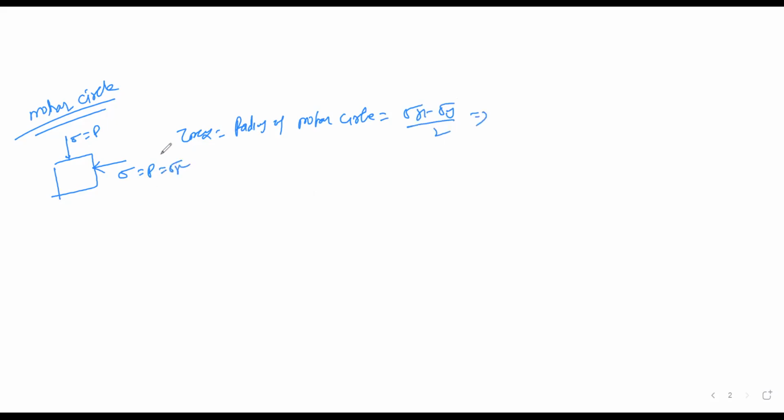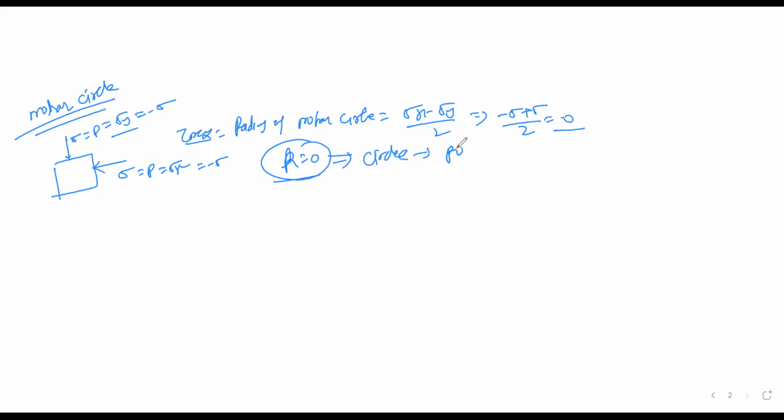Here sigma x and sigma y are both compressive, so minus sigma and minus sigma. If you substitute, you will get 0. The maximum shear stress is 0, so the radius of the Mohr circle is 0. It means the circle will convert to a point.